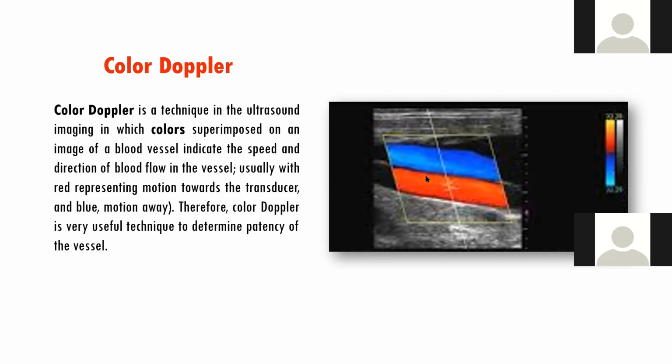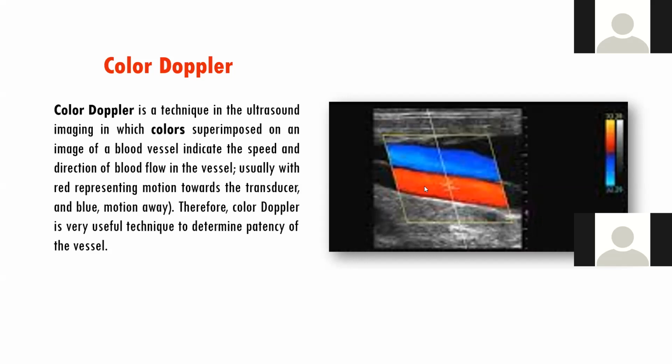So blood flow is always different in the artery and the vein regarding direction. When you place your color box or ROI in color Doppler, you will get different colors. If you get red in the artery, then you will get blue in the vein, or vice versa. This is the technique that allows you to understand that flow is present.